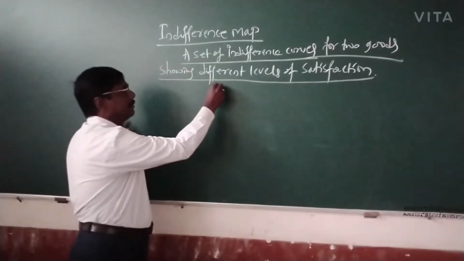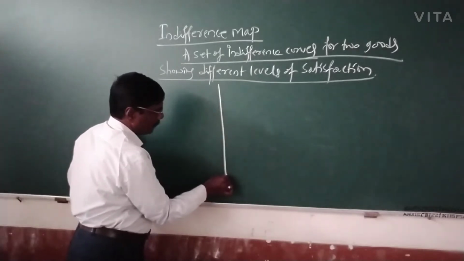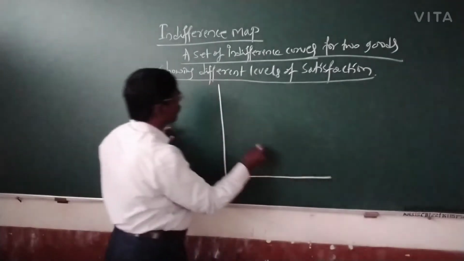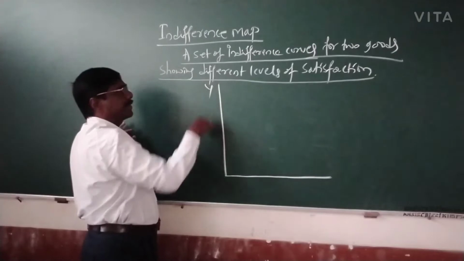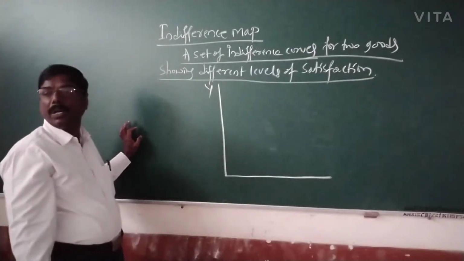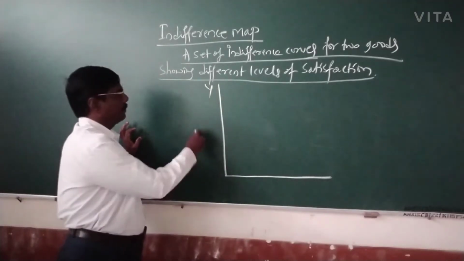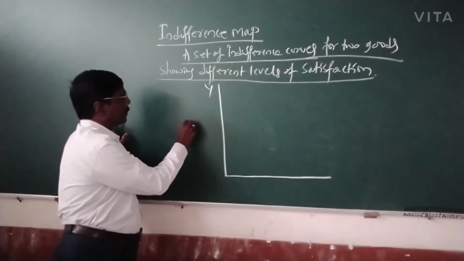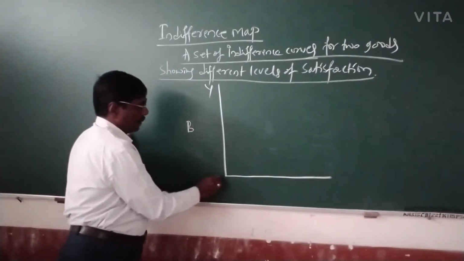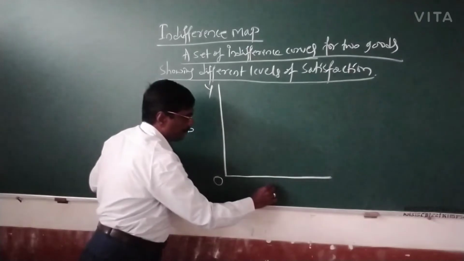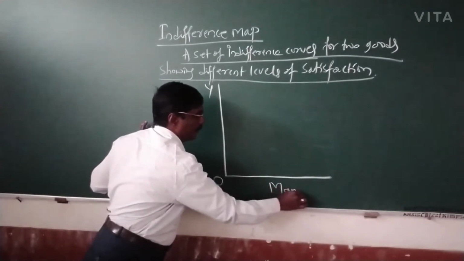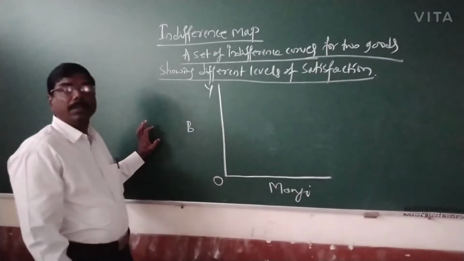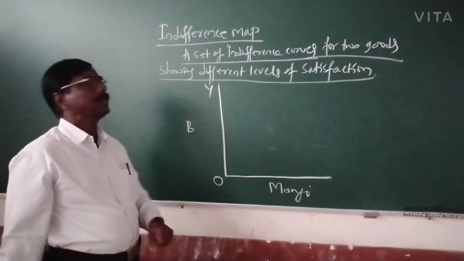So draw this figure. Along the y-axis we measure banana, and along this axis we measure mango. So there are two goods.